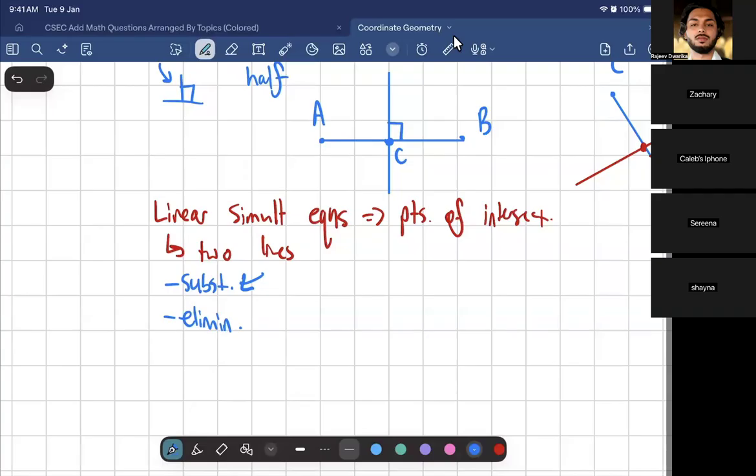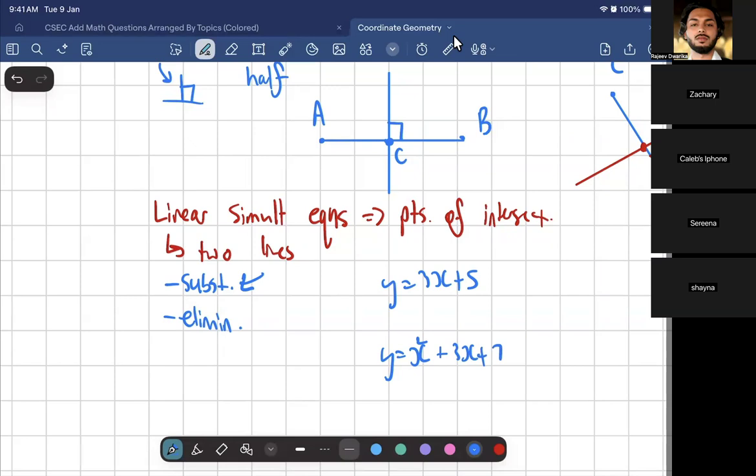But Zachary, anytime you have a line and something like a circle or a curve, you can't do elimination; you have to do substitution. So what do I mean? Imagine you had an equation like y is equal to 3x plus 5, and then y is equal to x squared plus 3x plus 7. Are both of them linear? Are both of them lines?